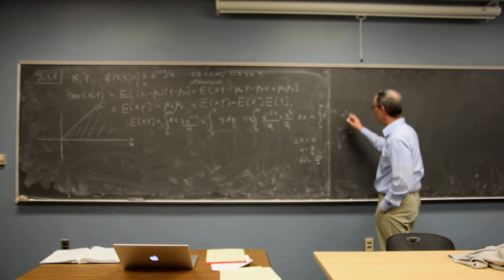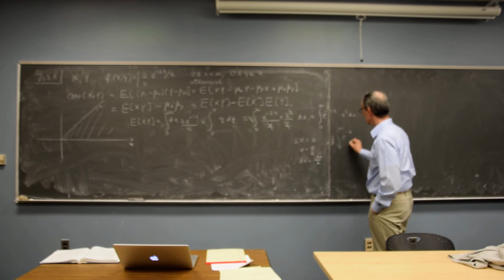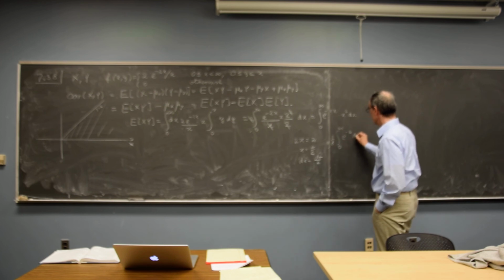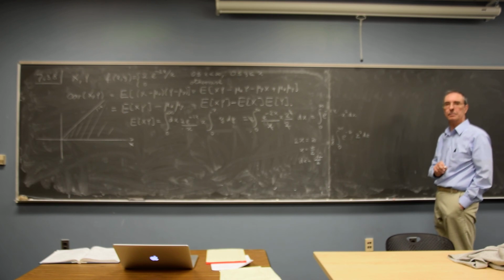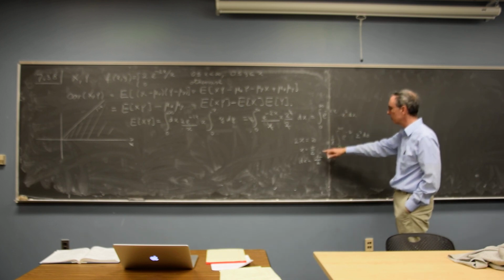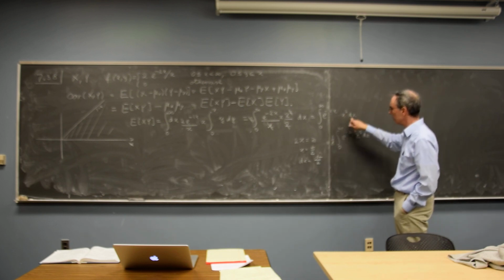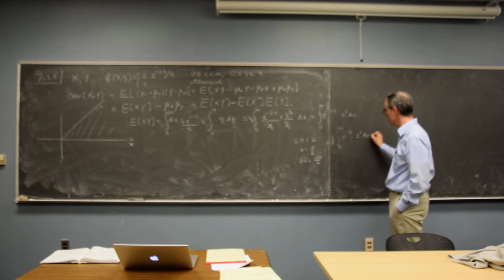So I have 1 over 8 z squared dz. Is that right? Is it correct? Okay, so 1 over 4 comes from here, and 1 over 2 comes from here. And then this quantity here is 2. So this is a quarter.